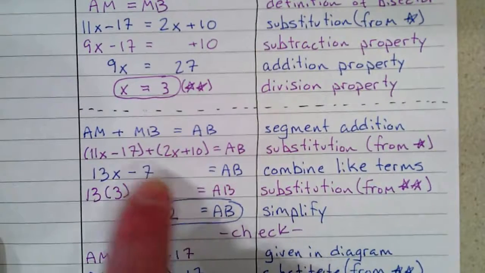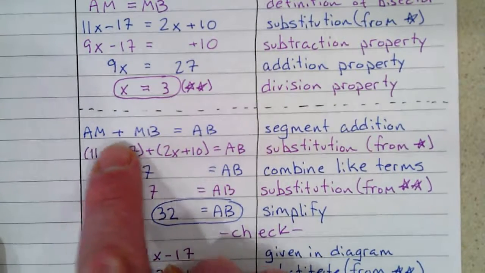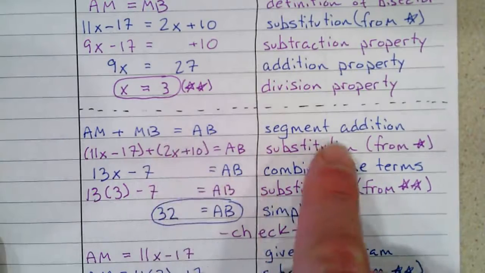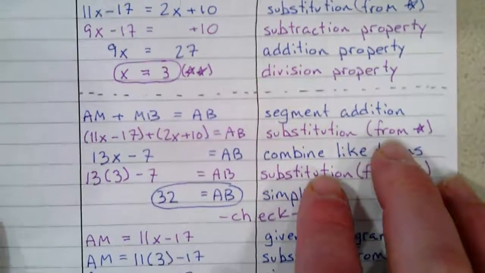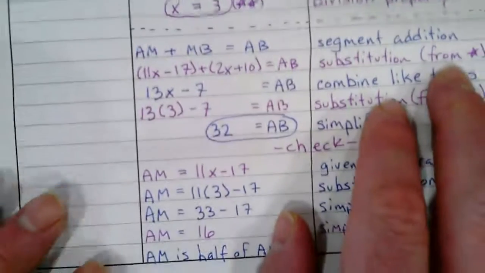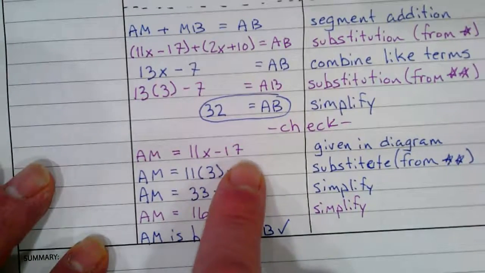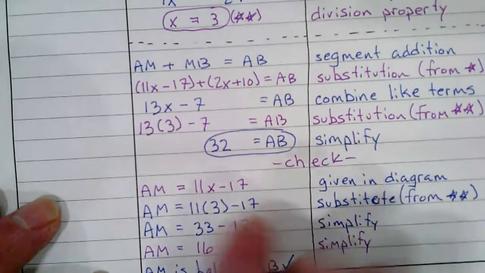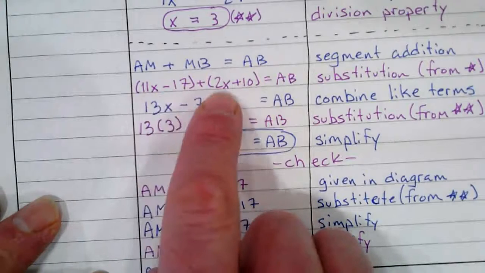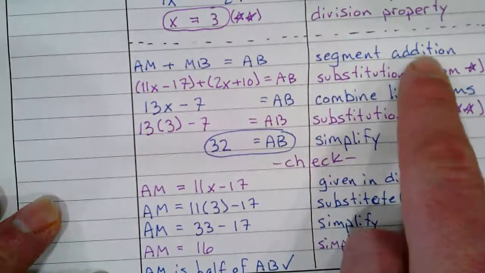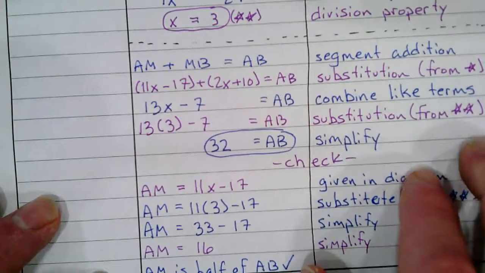Then, once we knew what x was, we set ourselves up with this segment addition. If this had been just find AM in the first place, we wouldn't have had to set up that segment addition. We would have just known that AM was 11x minus 17. But we didn't have a single expression for AB. We had to put AM and MB together using the segment addition postulate.